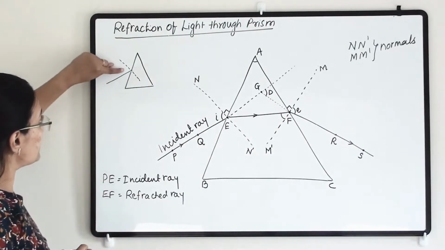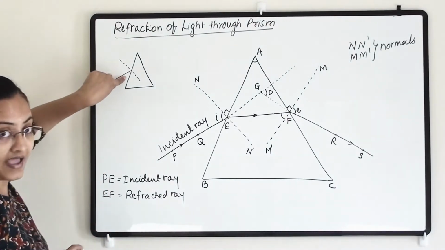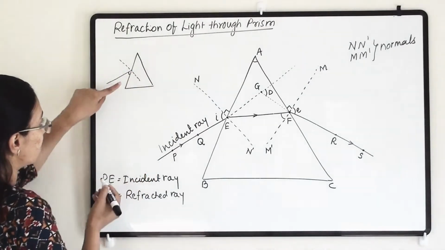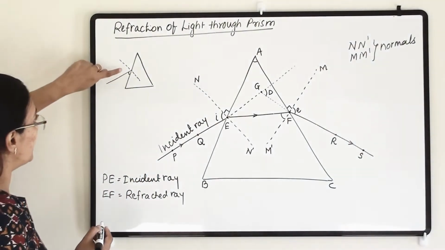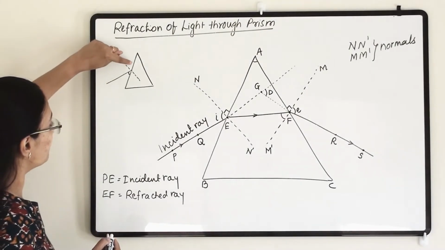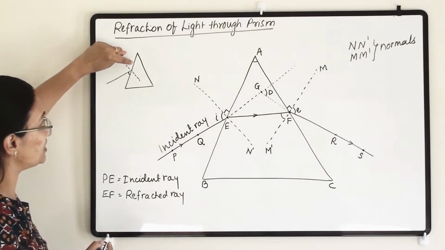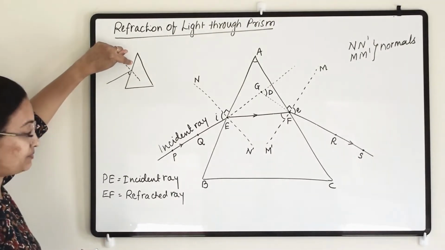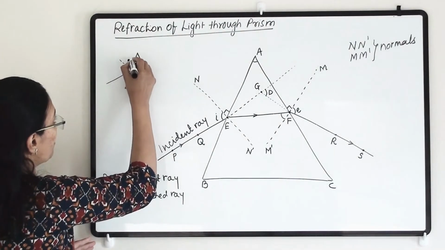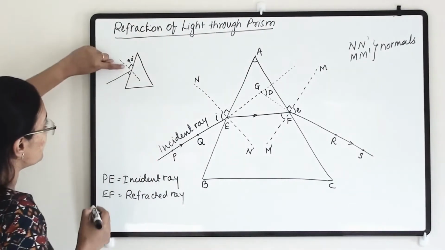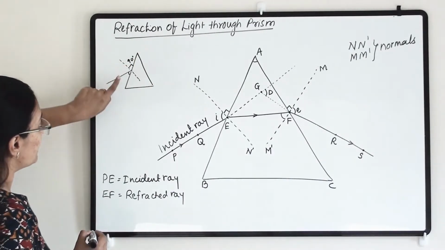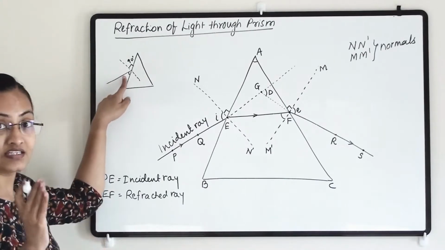So now we can see three different angles. One angle is the one the incident ray has made with the surface. Another angle is the one the incident ray has made with the normal. And the third is the one the normal has made with the surface of the prism. This one is 90 degrees, because the normal has made this angle with the surface. The angle along the surface is not the incident angle.